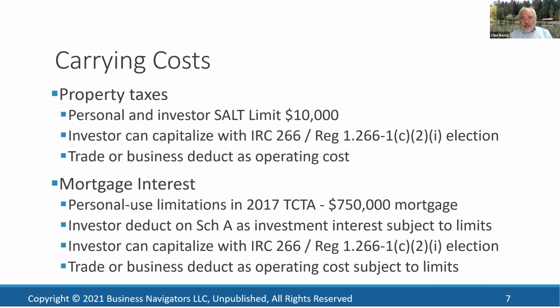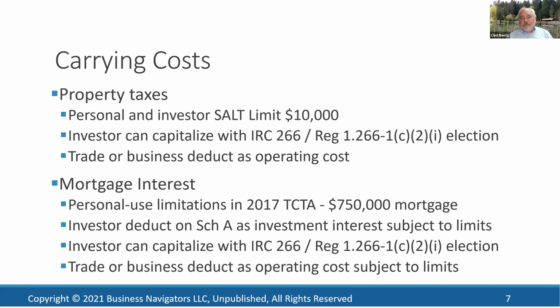Property taxes are deductible on Schedule A, but right now, with the Tax Cuts and Jobs Act of 2017, for tax years 2018 through 2025, we have a $10,000 limit on state and local taxes. So that's your state income taxes and your property taxes. The total of your state income taxes and your property taxes, you can't deduct more than $10,000.